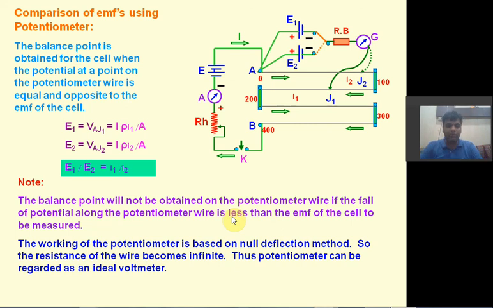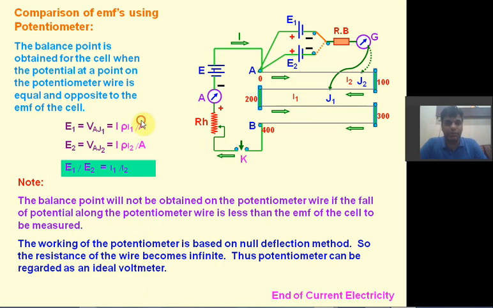The working of the potentiometer is based on the null deflection method, so the resistance of the circuit becomes infinite, and the potentiometer can be regarded as an ideal voltmeter. The point to be noted is that an ideal voltmeter has infinite resistance.